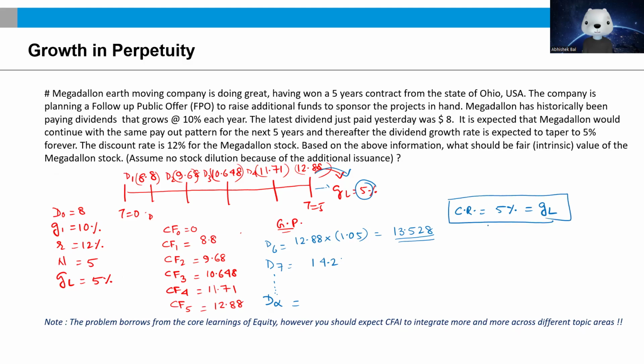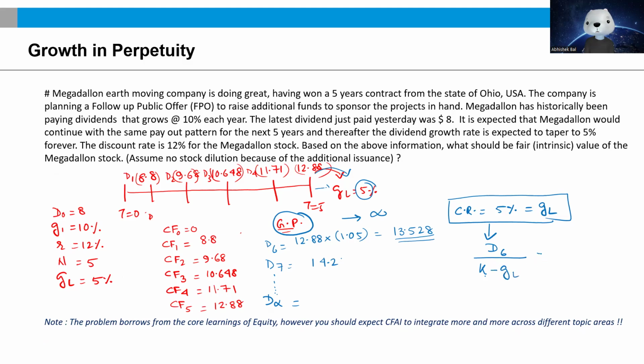Whenever we have spotted a geometric progression in this manner, which will extend up to infinity, without getting into the weeds of mathematics because that's not required, the value of that can be represented as the immediate value, that's from where infinity extends, divided by k minus g.